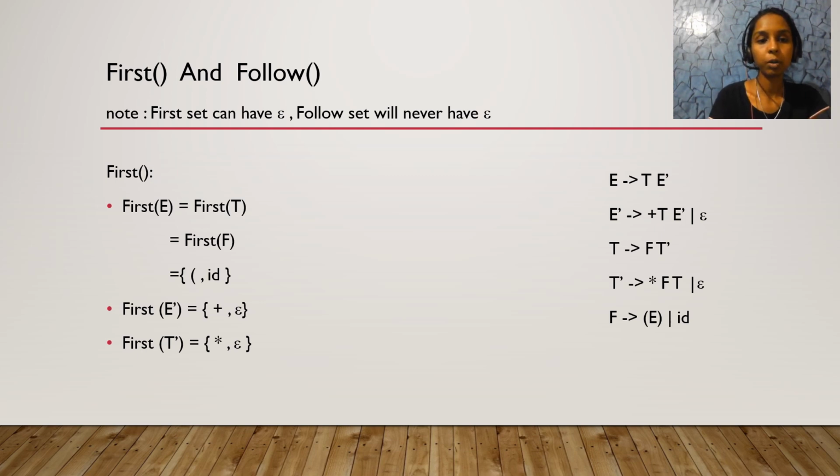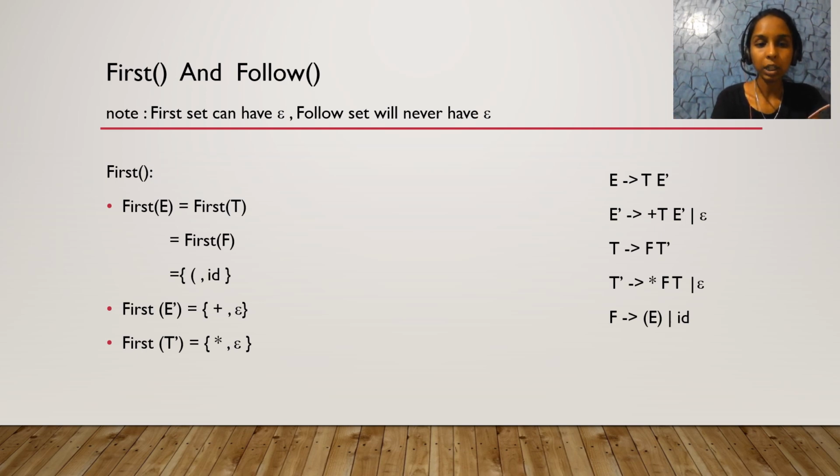Before moving on to the sum, note that the first set can have epsilon, whereas the follow function will not have epsilon in the set. Okay, so we'll see the first function.